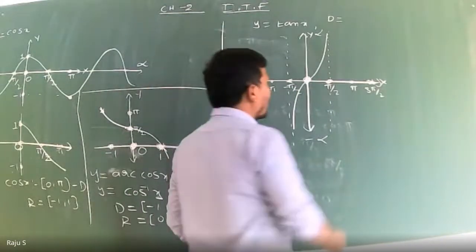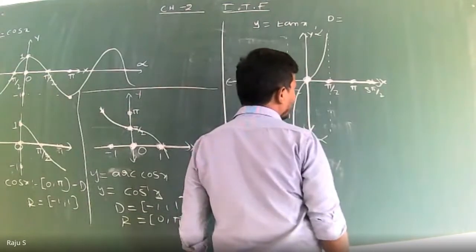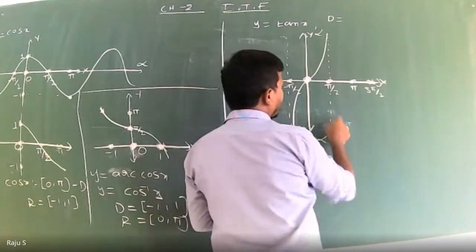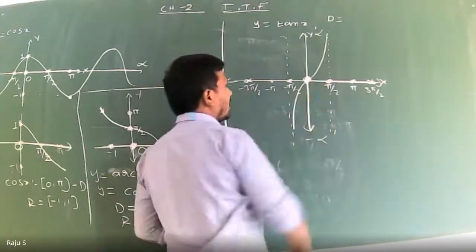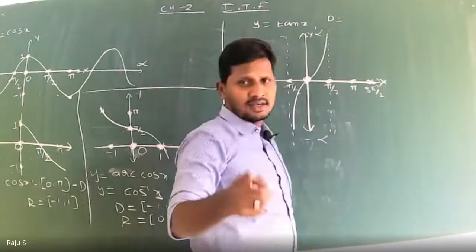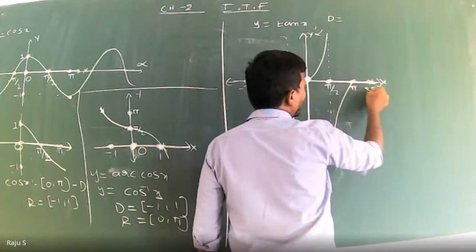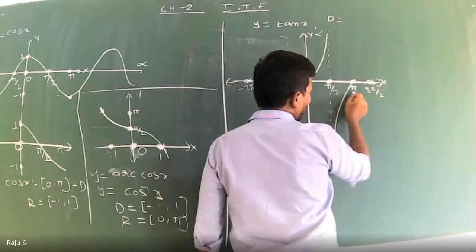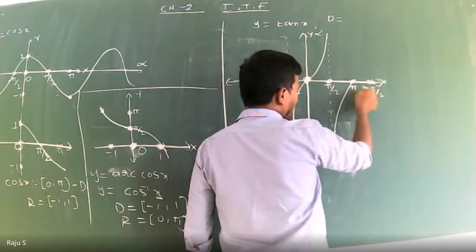In the same way, what about tan 180? From 0 to 90, first quadrant, tan is positive. Then 90 to 180, second quadrant, tan is negative. That I told you clearly. This is the graph. Then 180 to 270, third quadrant, tan is positive.